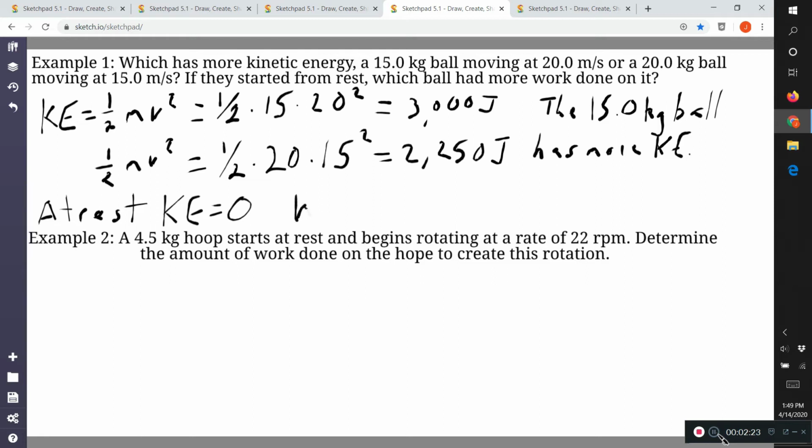Well, work is simply our change in energy. So our 15 kilogram ball went from 0 kinetic energy to 3,000, and our 20 kilogram ball went from 0 joules to 2,250. So the one that had more kinetic energy, we can say thus it had more work done on it.